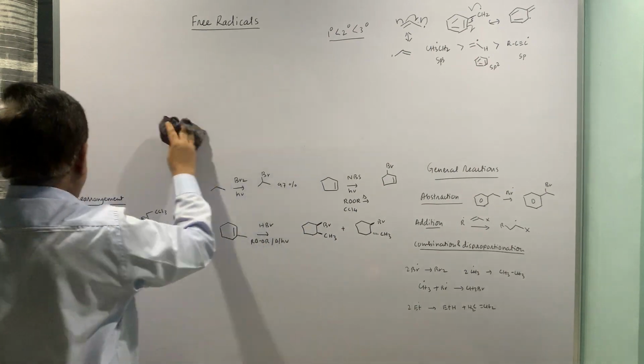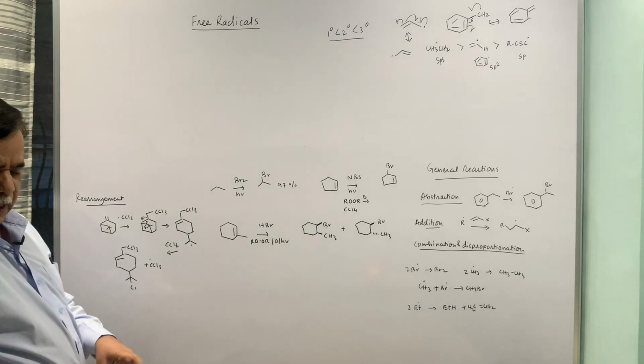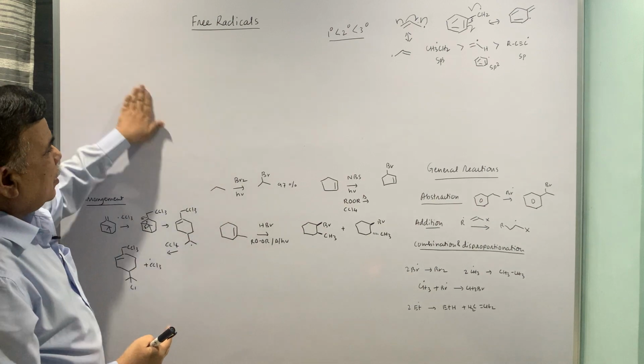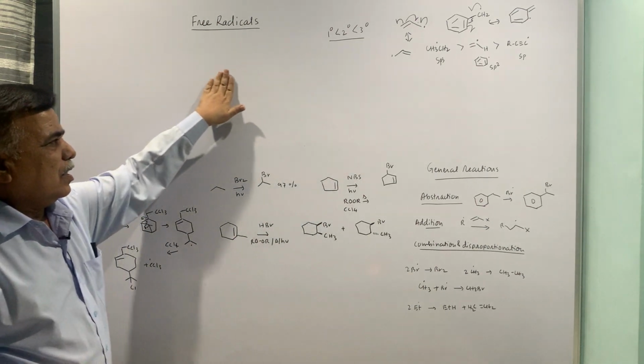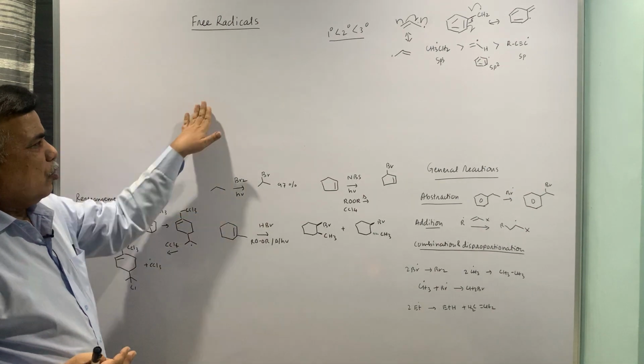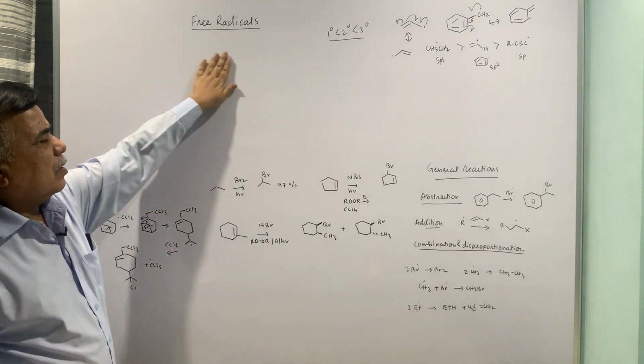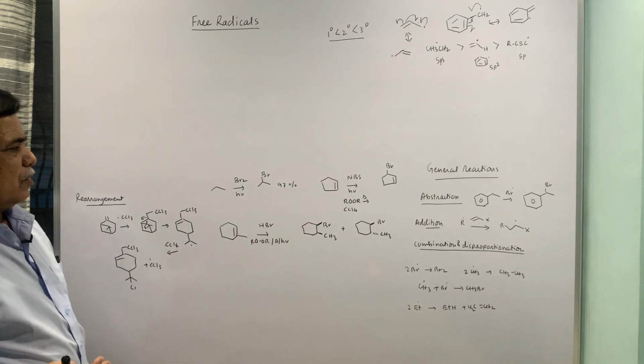Now moving on to the next example, that is the bromination of alkane. Bromination is more selective than chlorination, maybe because of atomic size of bromine.